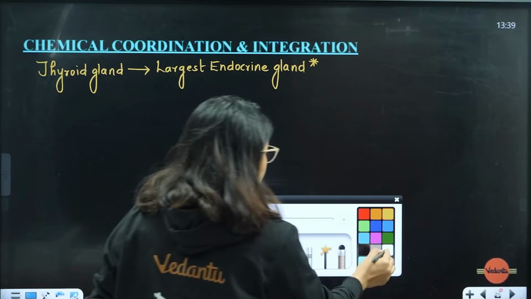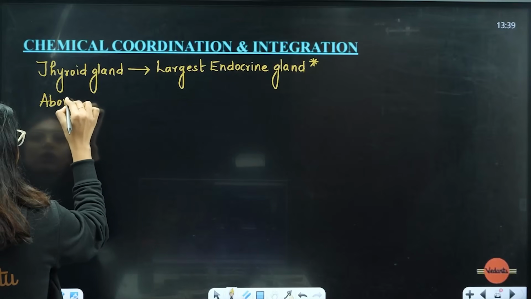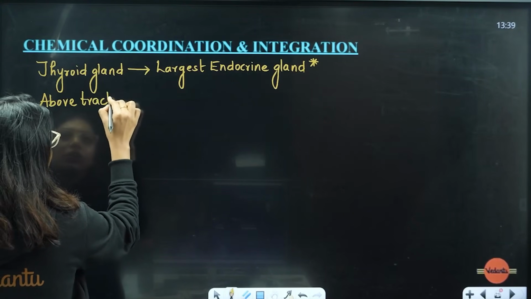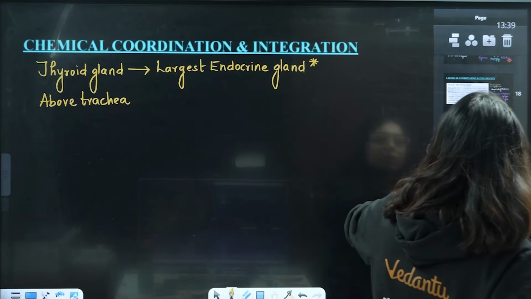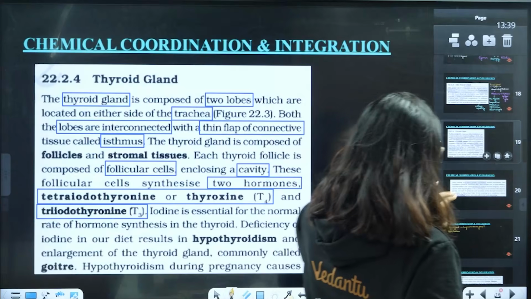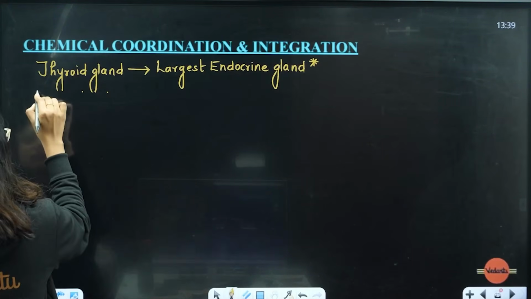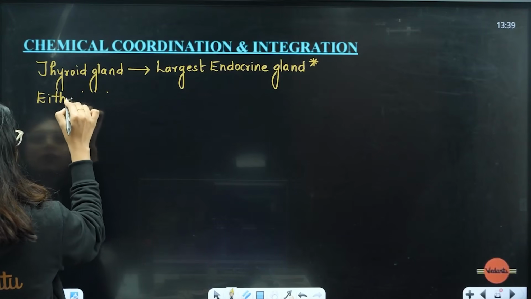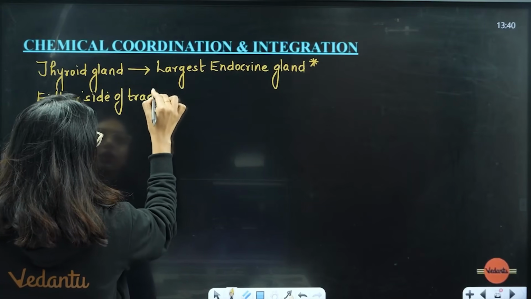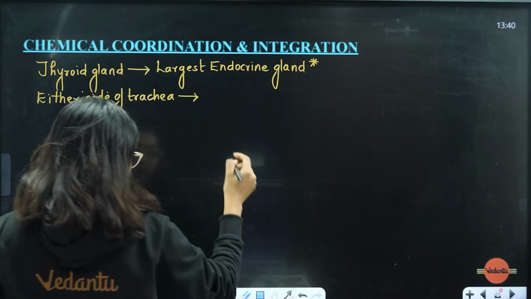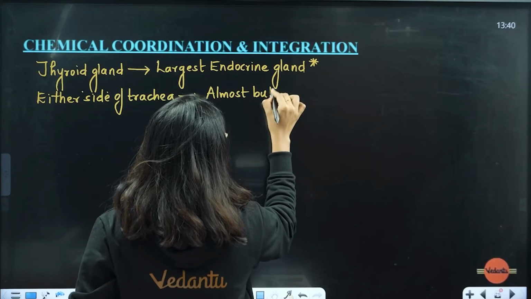Where location is important, it is present above the trachea, or we can say on both the sides it will be visible. I can't show you the diagram here. So here you can see two lobes which are located on either side of the trachea. And students, it is almost butterfly shaped.